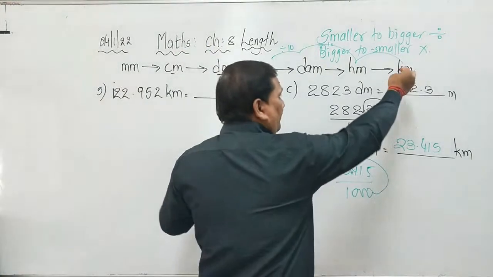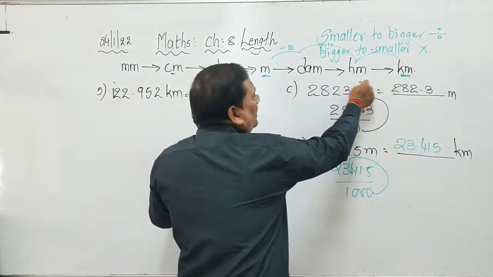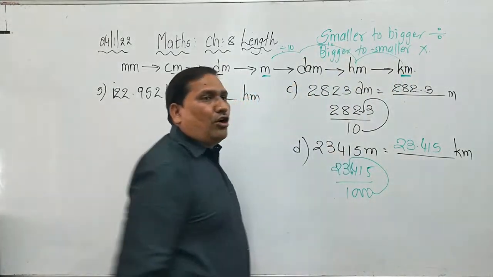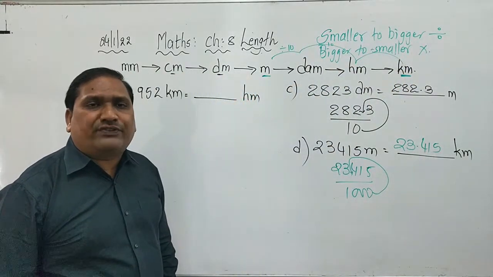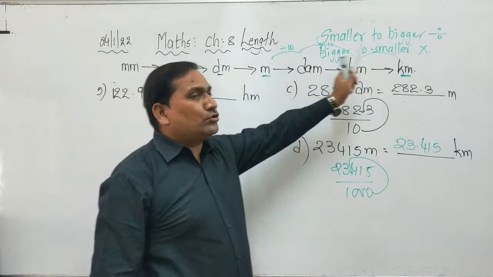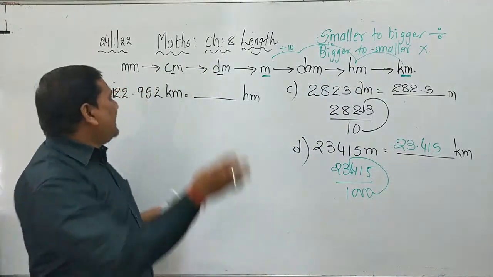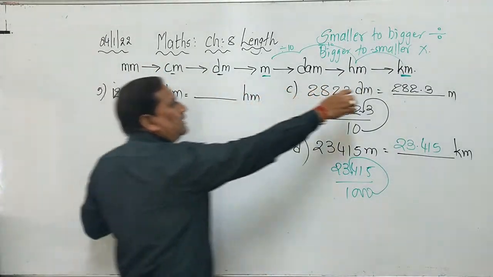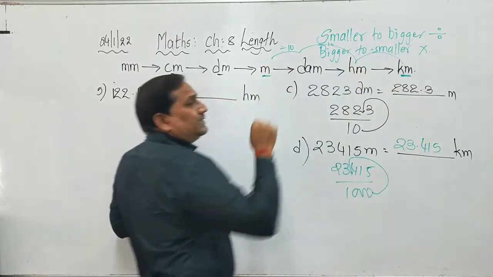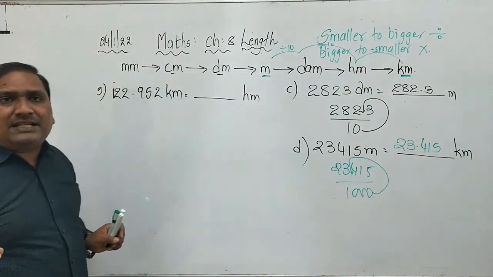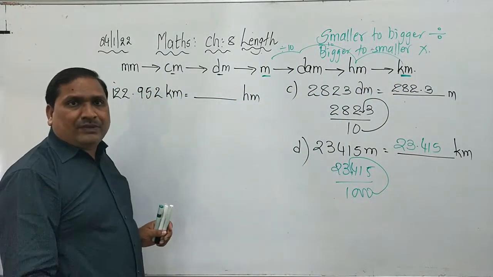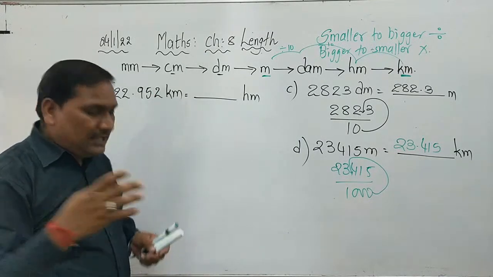So from kilometer we will start. The very next smaller unit of kilometer is hectometer. So that means I have to multiply by 10. I have to multiply it by 10.